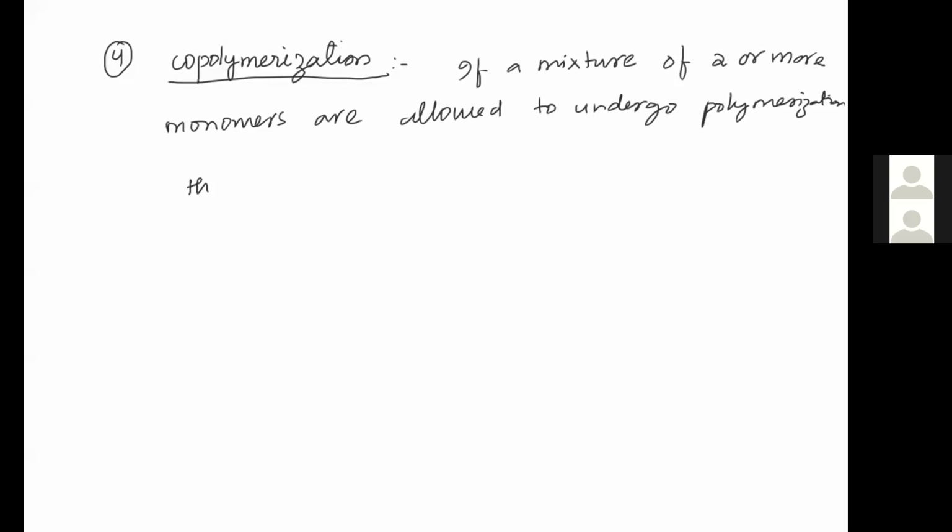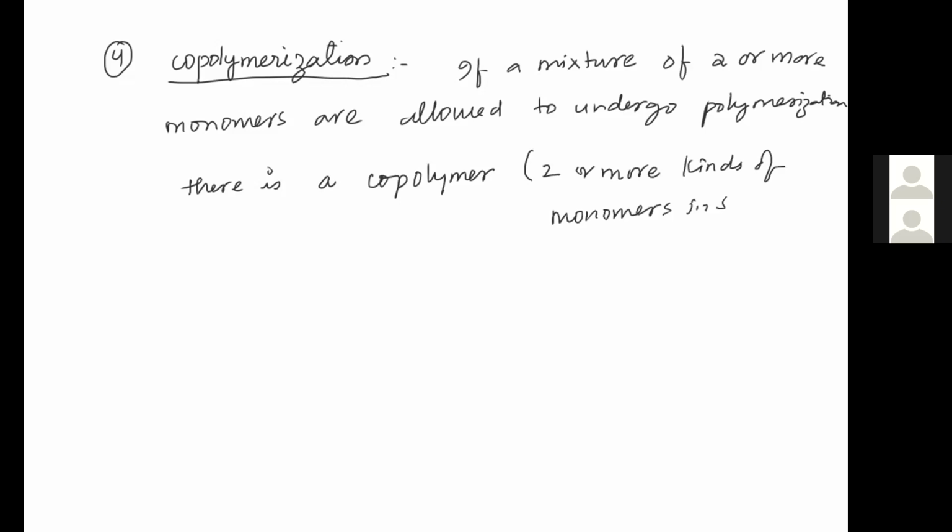then there is a copolymer which contains two or more kinds of monomers in the same molecule. I'll show you an example.